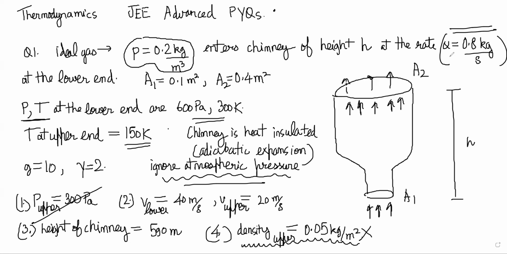If you divide the mass rate by the density, you would get the volume rate at which gas was entering. That would be the A1 V1 type of term. So that is what you should do.